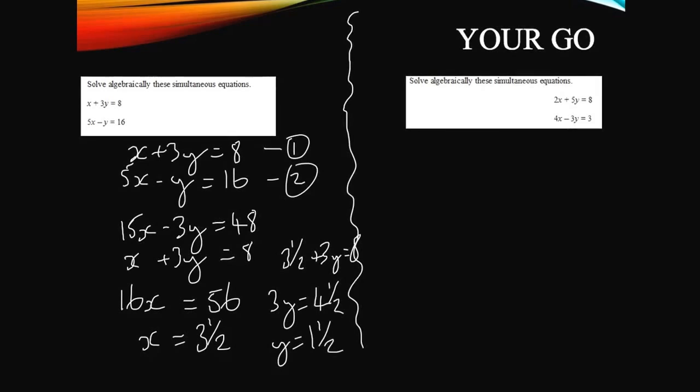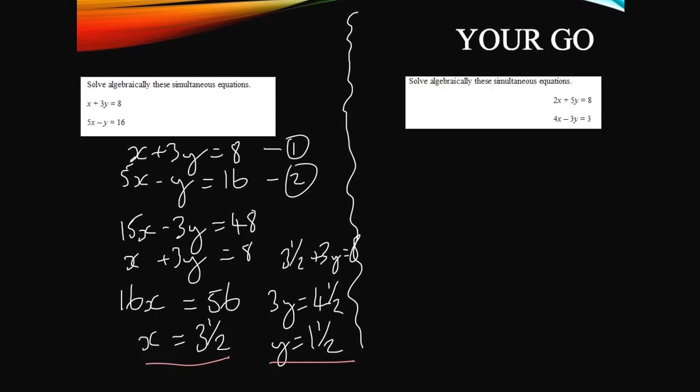Now, don't worry that you've got fractions as answers. That's perfectly possible, that you can cross two lines at a fractional answer. And again, with higher work, it's quite feasible that this might be the case. So we've got x is 3.5, y is 1.5.